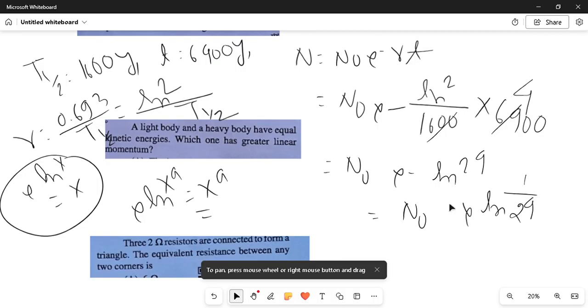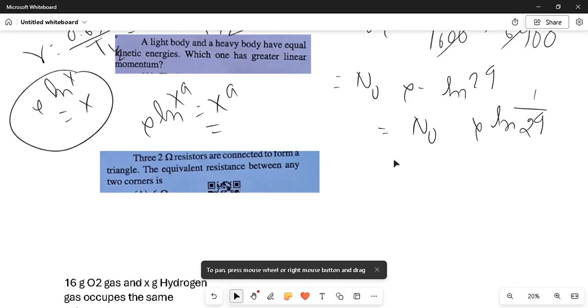From this formula, N is N0 times 1 by 16.